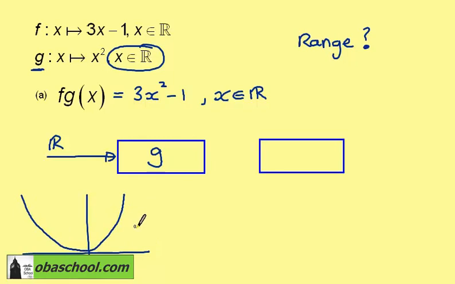The graph of x squared looks like this, so the range for this function is reals which are greater than or equal to 0, and therefore only reals greater than or equal to 0 will end up going into the next function.